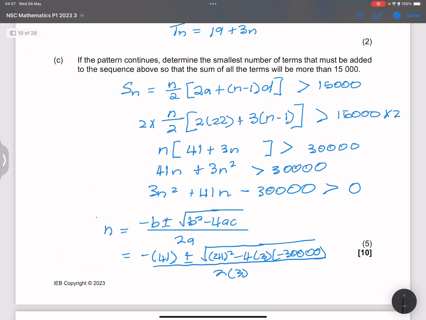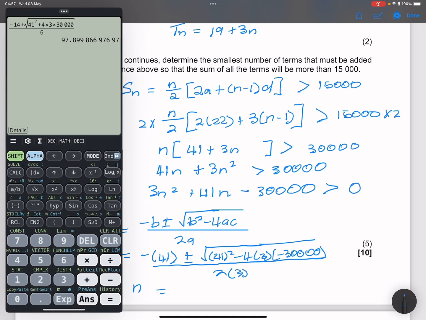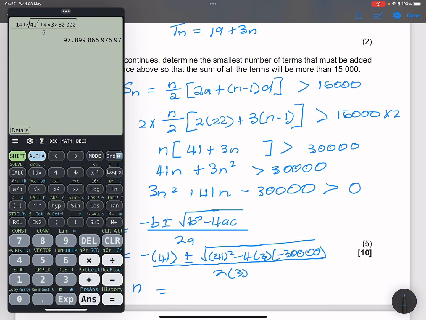So the smallest that n can be: now remember, in this case, I got n to be around 98. Let's round it off. Remember, we wanted greater than, so that would be 98.